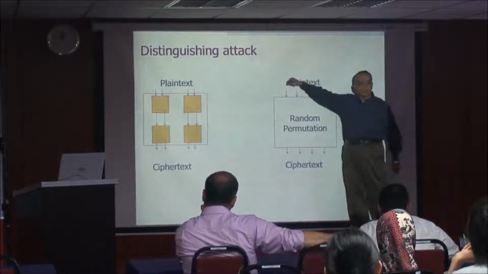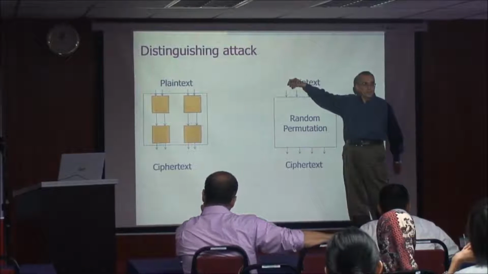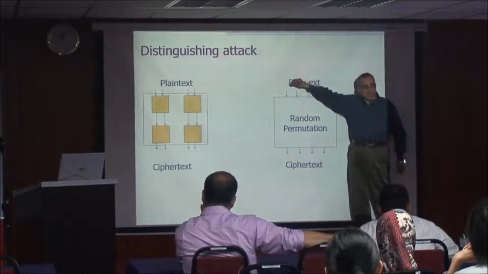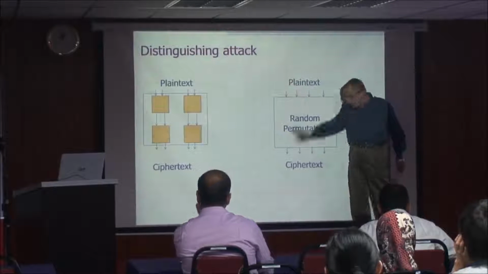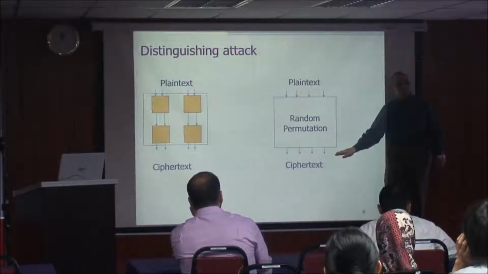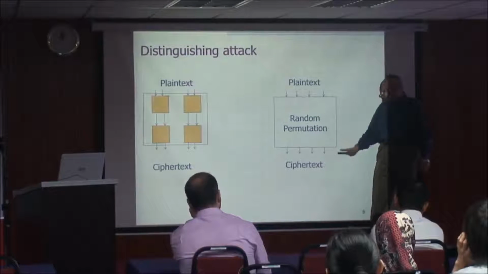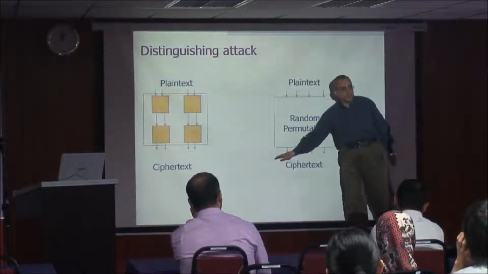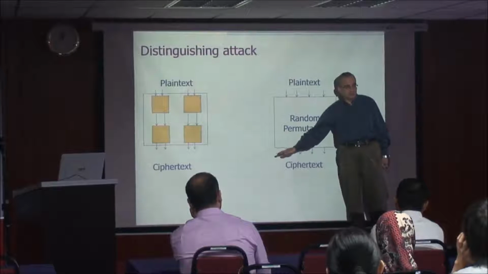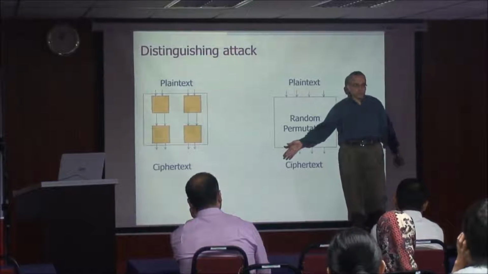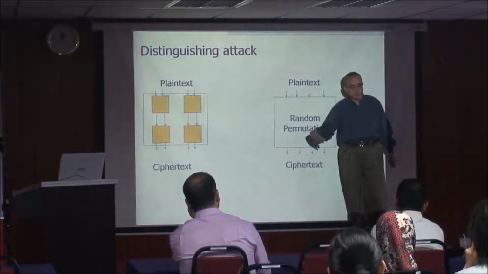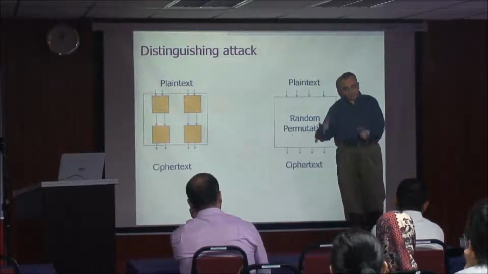Now I flip 1 bit in here, and my plain text now is the same as the first one, but it has 1 bit flipped. And I observe the output. So if this is a random permutation, you are expected to see half the output bits changing. On average, half of them will change.